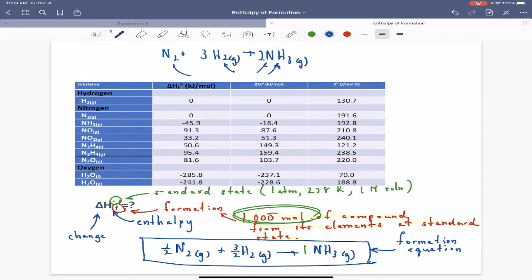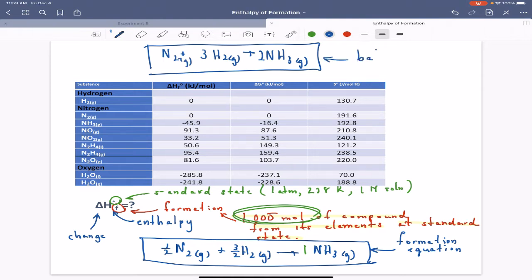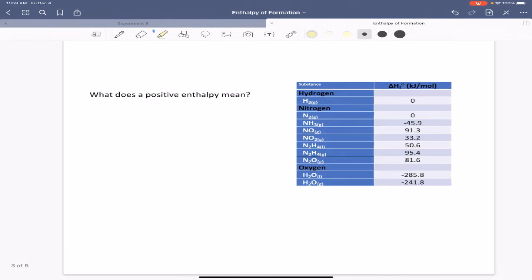Now I have 2 nitrogens and 2 nitrogens. There is my balanced chemical equation. So the equation we would write for stoichiometry would have whole number coefficients. But for a formation equation, we must have 1 mole of the product from its elements and standard states. So it's a little bit different.